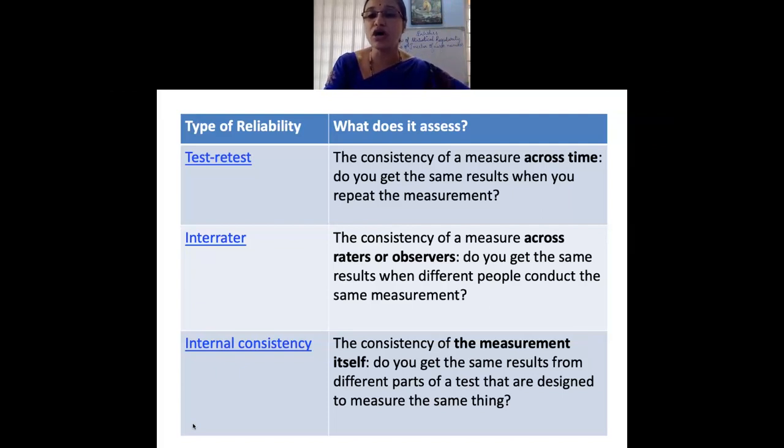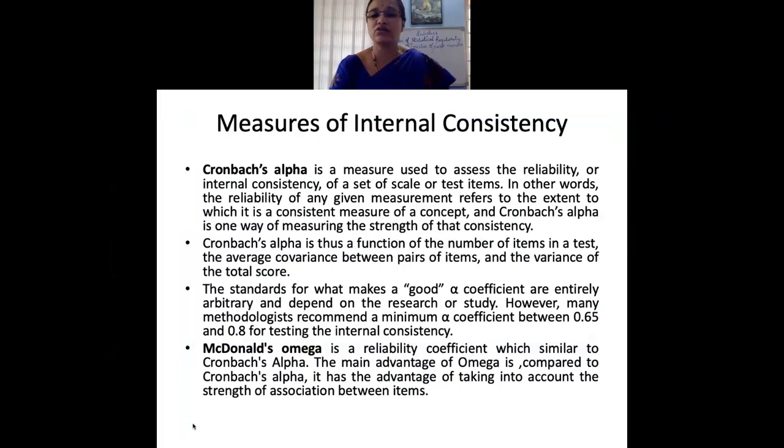For that is where we use what is called the Cronbach alpha. Cronbach alpha is a technique, or a value, that is used for measuring internal consistency, and most researchers use Cronbach alpha. Of course, there's one more called McDonald's omega, which is almost similar to your Cronbach alpha. Cronbach alpha is a measure which helps you find out the consistency. That means, is it giving constant results?